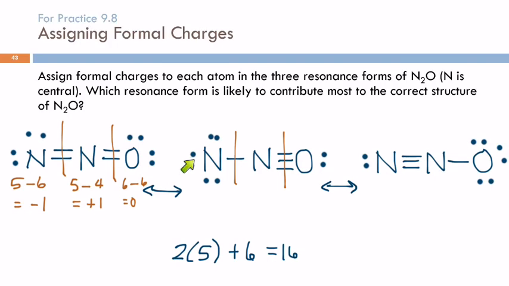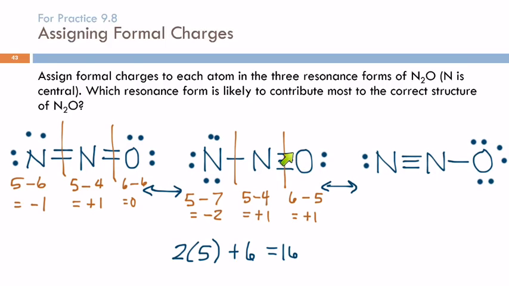Over here, this nitrogen, we start with 5 and subtract how many? 7. So that's a formal charge of -2. How about the one in the middle? 5 minus 4 plus 1. And the oxygen is 6 minus 5. So that's +1.